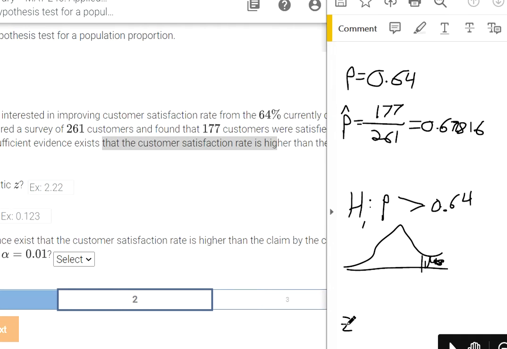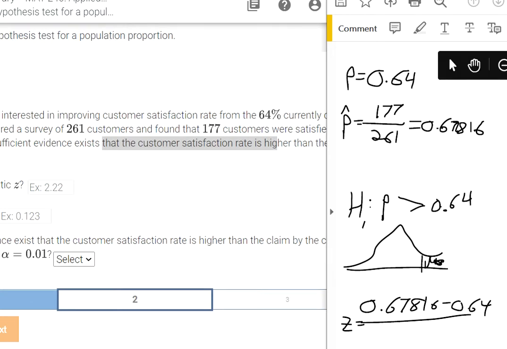Plugging that into our z-score formula, just like we did in the last problem: 0.67816 subtracted by 0.64, divided by the square root of p, which is 0.64, times 1 minus p, divided by the sample size.